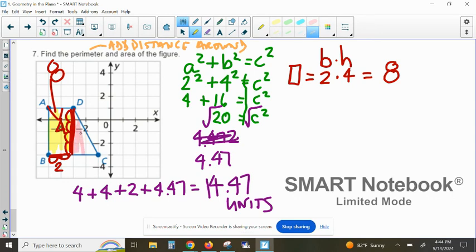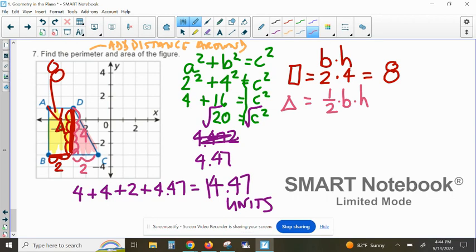Now I need to do the other side. I'm going to do this pink triangle over here. So the formula is different for triangles. For triangles, it's going to be 1/2 times the base times the height. But I still need the base and the height. So I need to go to my triangle, look at the base of it. Remember, just make sure you're going up perfect from the bottom. 1, 2, base is 2. What is my height? 1, 2, 3, 4.